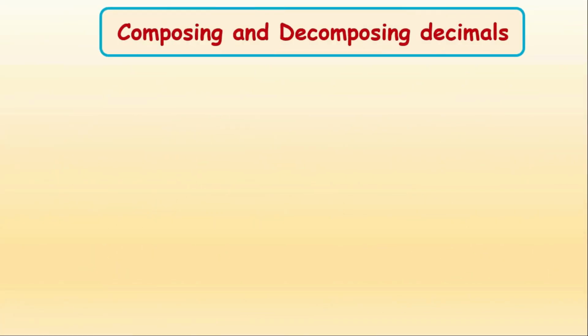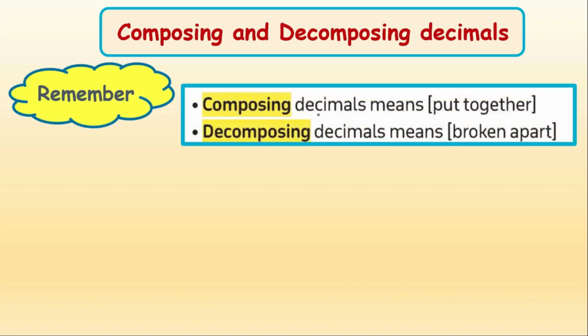اوكي, let's talk about composing and decomposing decimals. But remember what the meaning of composing and decomposing. Composing means put together or collecting digits beside each other, and decomposing means broken apart or separate the digits in its values.